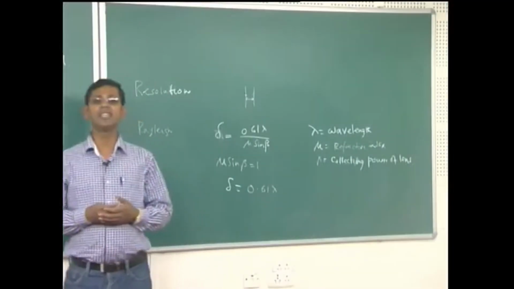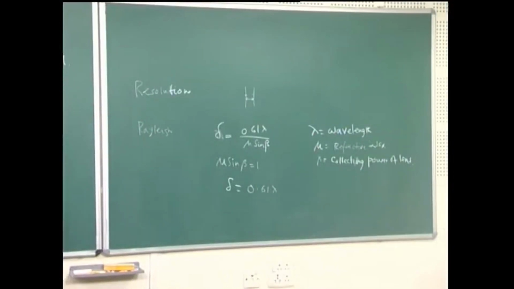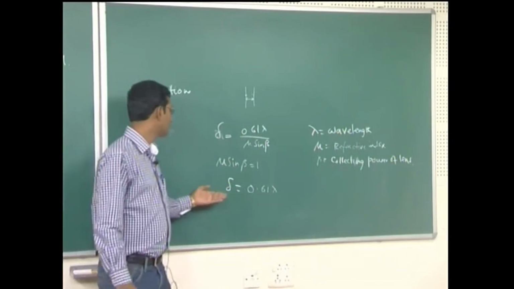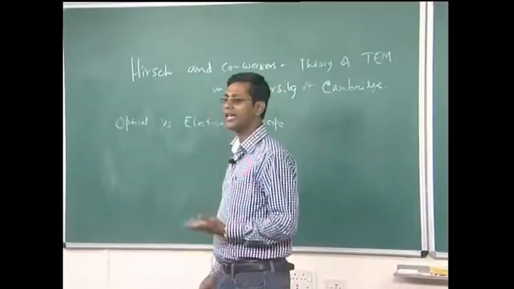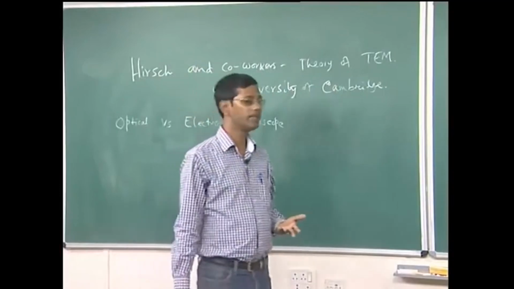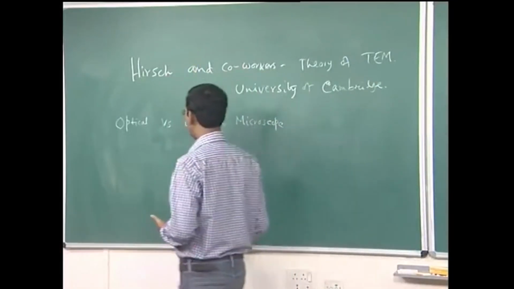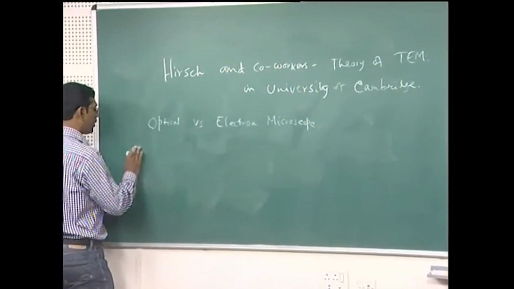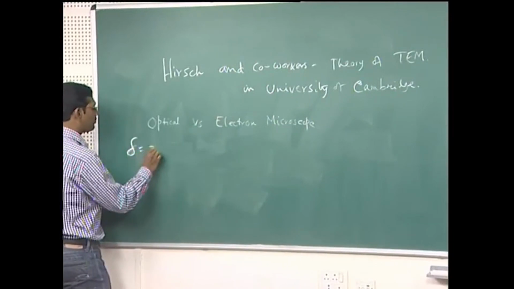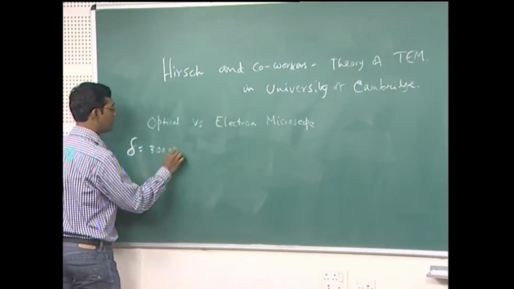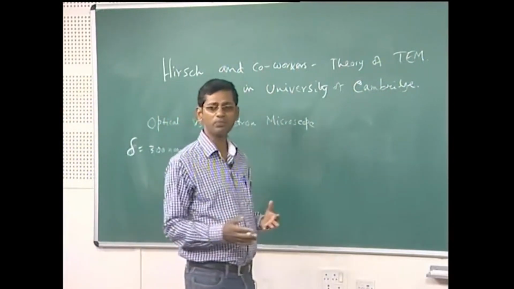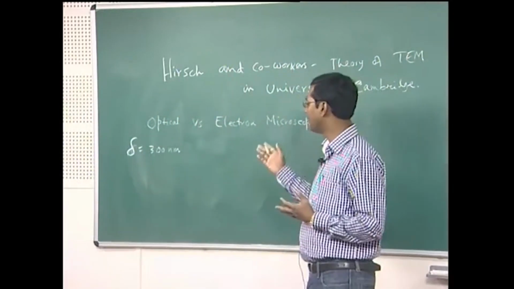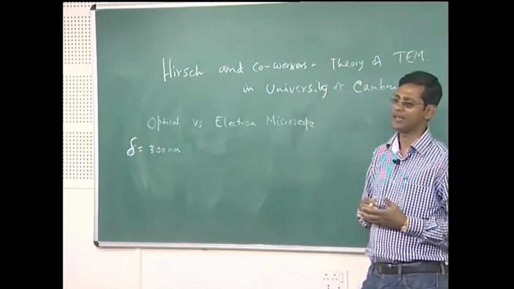For green light, the wavelength is about 550 nanometers. So the resolution power of light microscopes is approximately 300 nanometers. Therefore, for an optical microscope, we can have a resolution of approximately 300 nanometers, and we cannot resolve any object whose size is less than that.